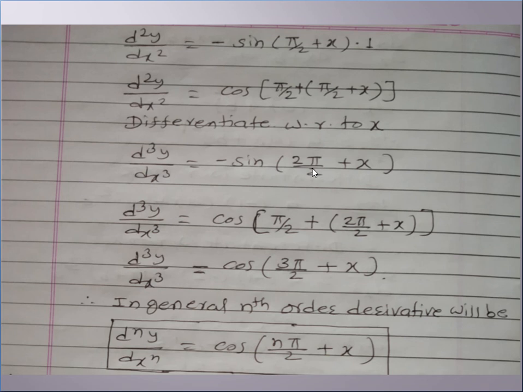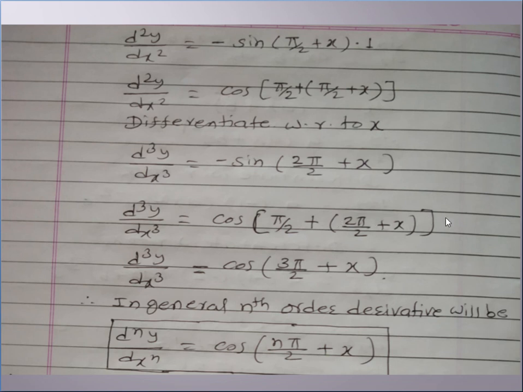Therefore, we get here the derivative of cos of pi by 2 plus x is minus sin of pi by 2 plus x into 1. That is, d cube y upon dx cube is equal to, again using the allied angle formula, cos of pi by 2 plus in bracket pi by 2 plus x.